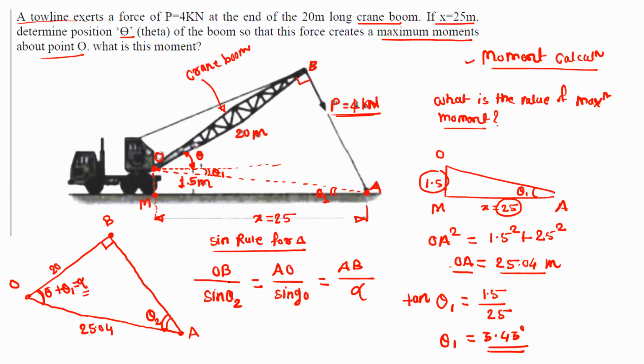So here this OB length is given, that is equal to 20. Then OA, this distance is known, that is equal to 25.04, and this distance is known. Okay. So we can get the value of sine theta 2, or we can find out the theta 2.